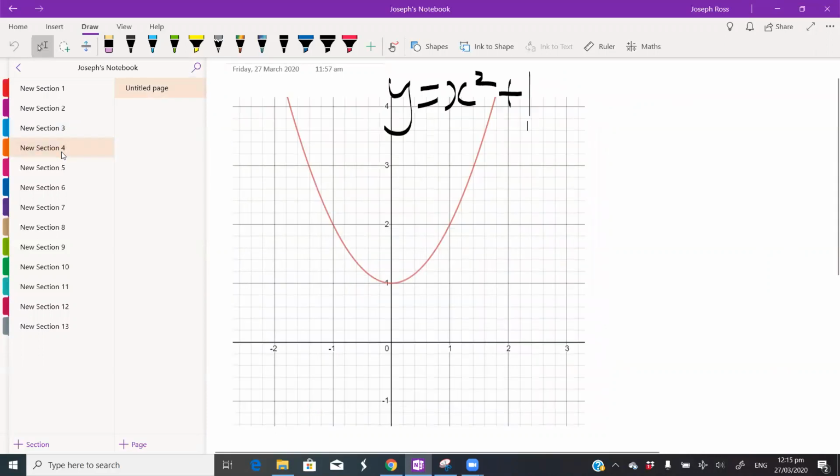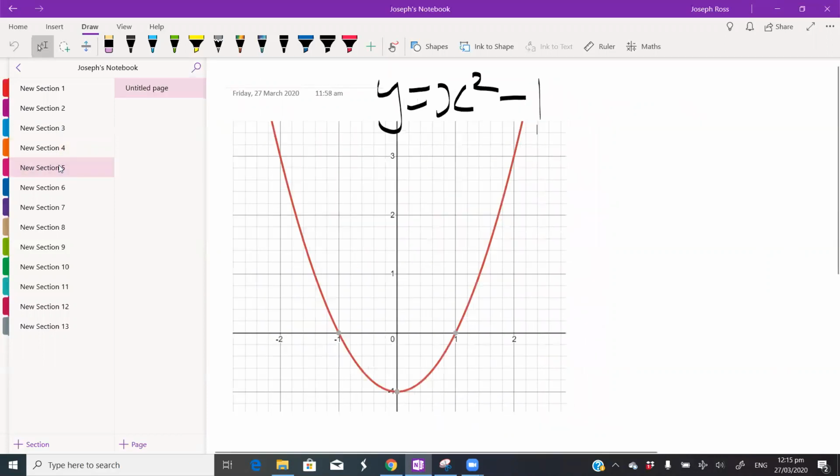If we look at y equals x squared plus 1 now, to the y equals x squared function, we've thrown in a plus 1. The effect of that is to move the graph up by 1 unit. If we instead throw in a minus 1, so x squared becomes x squared minus 1, that moves the whole graph down by 1 unit.